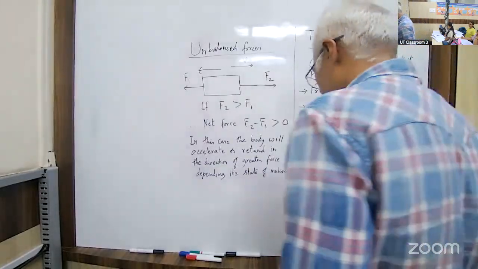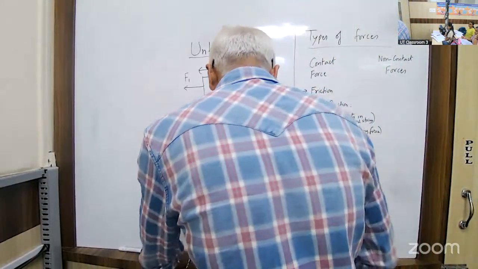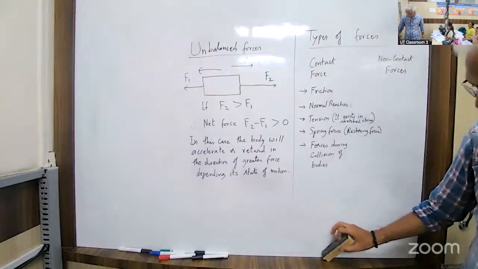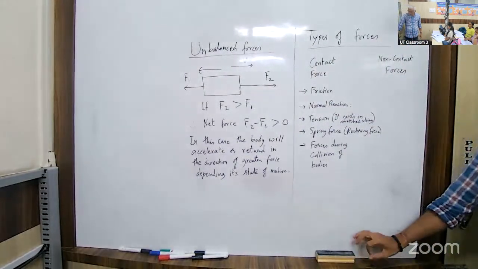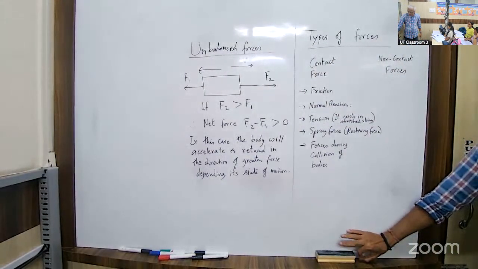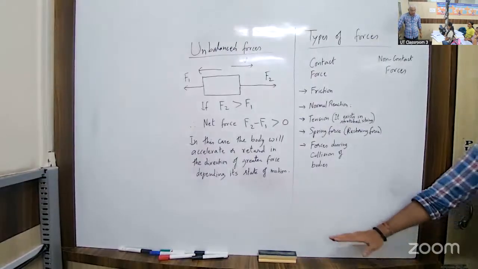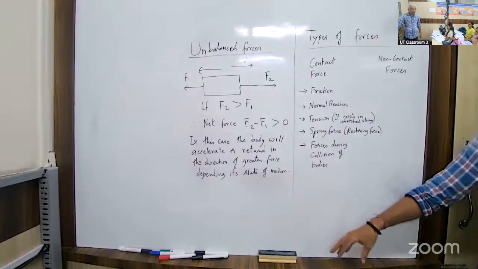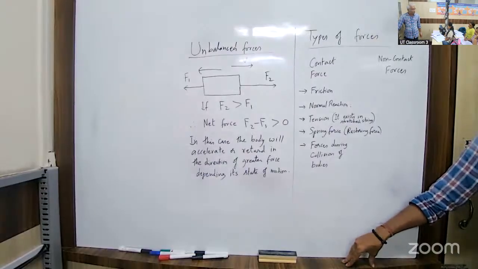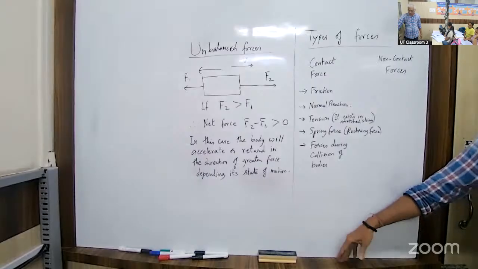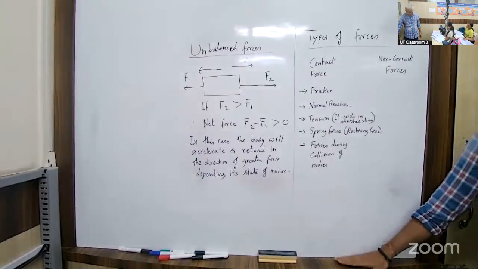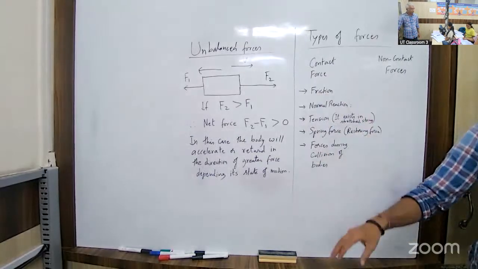Now what is frictional force? Look here. If I apply force on this, it started moving. Then what stopped it? Friction. There has to be some force now because if there is no friction here, it will keep moving.